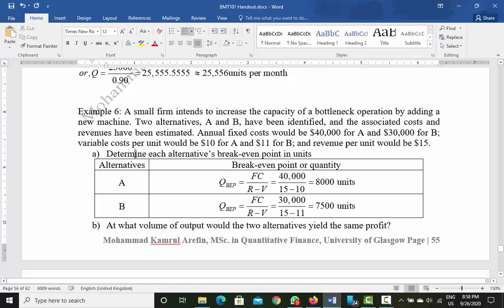The question is asking, determine each alternative's break-even points. So we have two alternatives, A and B.